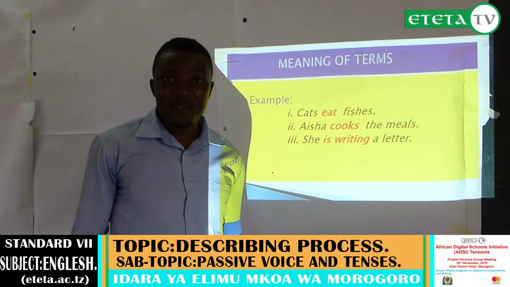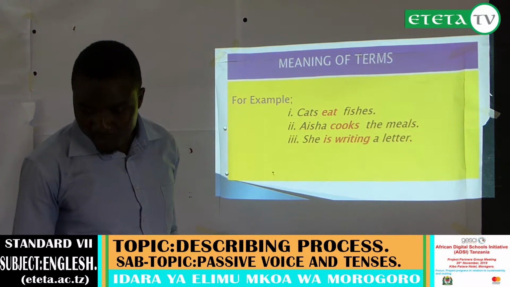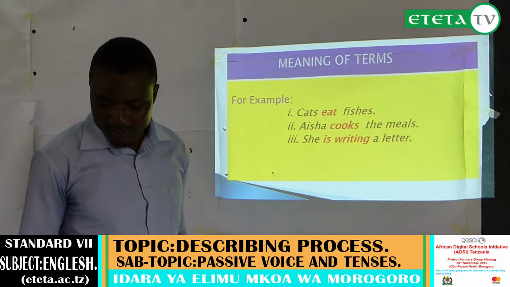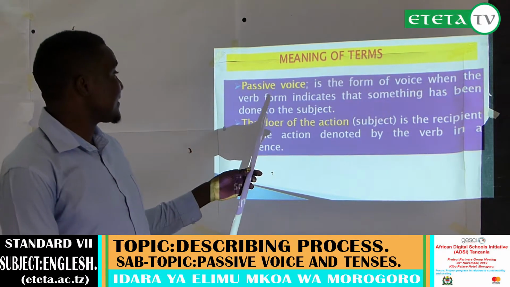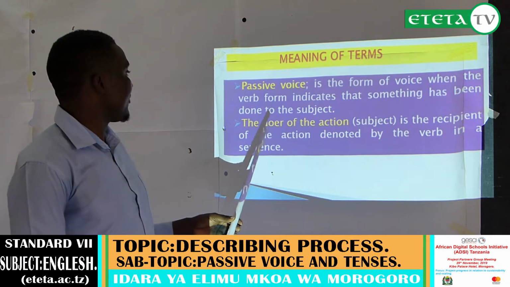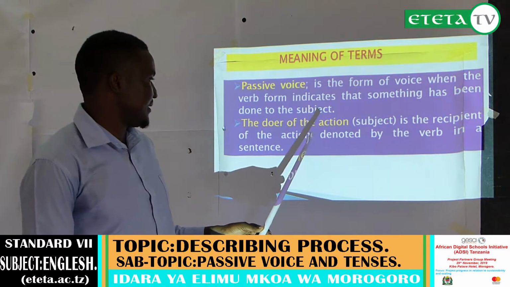After we have seen the meaning of active voice with examples, now let us see the meaning of passive voice with examples of sentences. We said that passive voice is the form of voice when the verb form indicates that something has been done to the subject.